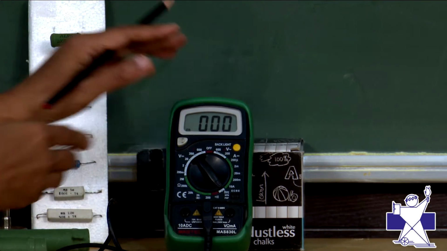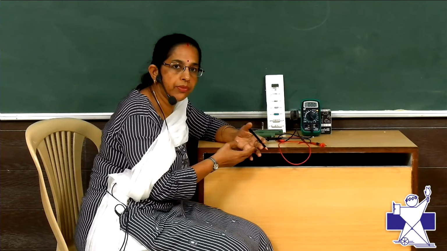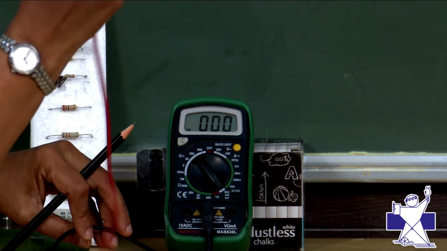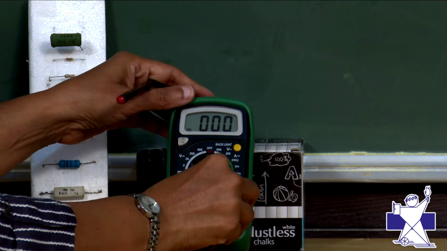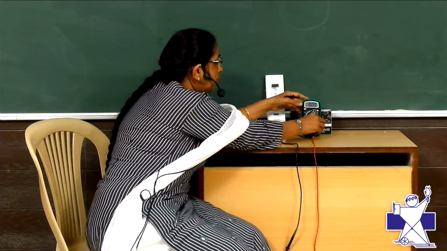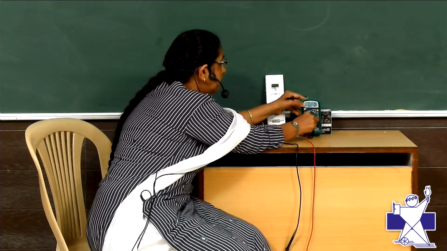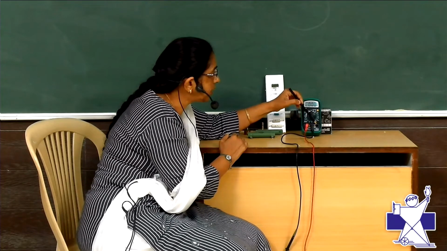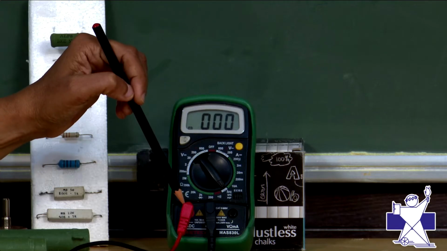Normally black is used for negative or common. If you want to measure voltage or resistance, connect the cord here. For current, you connect here.